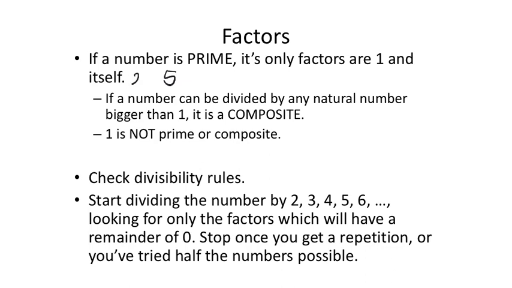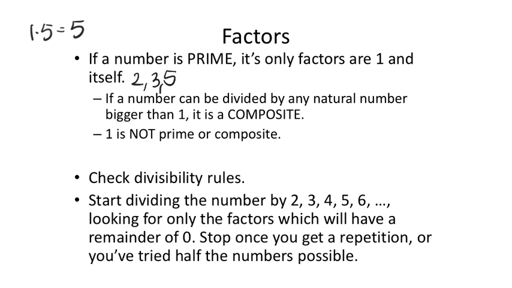Okay, 2 is prime, 3 is prime, but 5. Let's look at 5. So 5, what can I divide 5 by? Well, I could divide it by 5, but what would I multiply 5 to get 5? It's 1. And that's all I can multiply it by. As long as we're just looking at whole numbers, and that's all we are looking at.